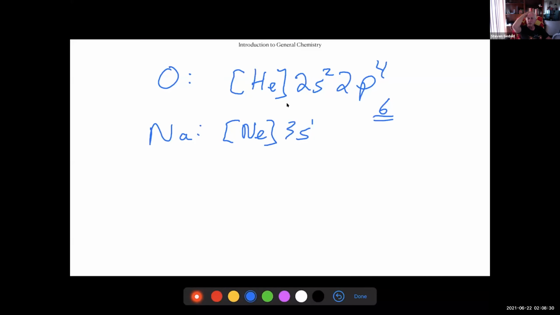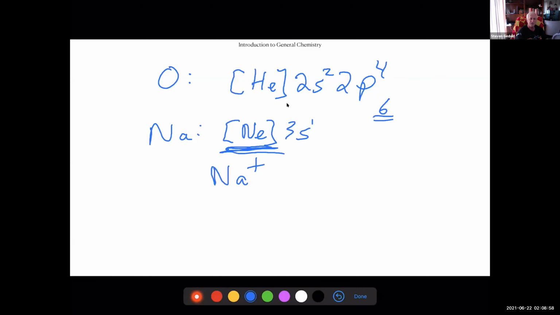That's why they're so reactive. Everything wants to react to become stable, to become this noble gas core. That's why these are important. So sodium is going to lose 1 electron to become stable. Sodium is always going to form Na+. It's going to lose 1 electron, giving you 1 extra positive charge.